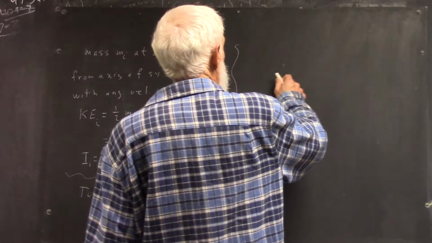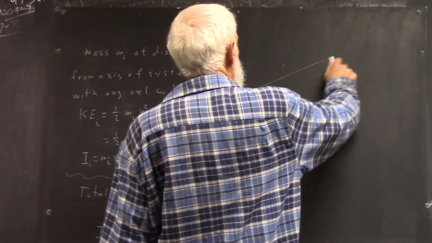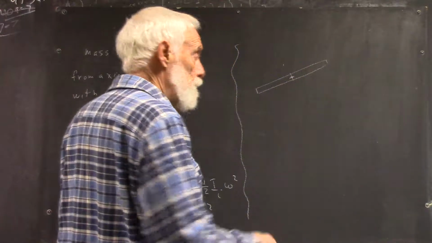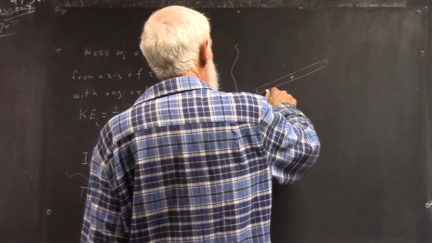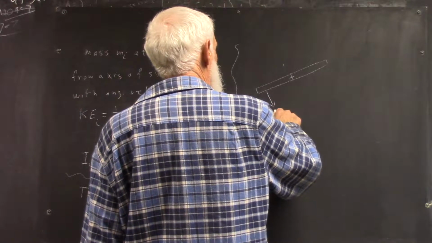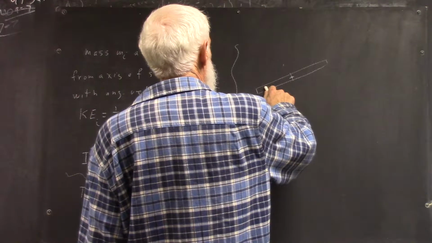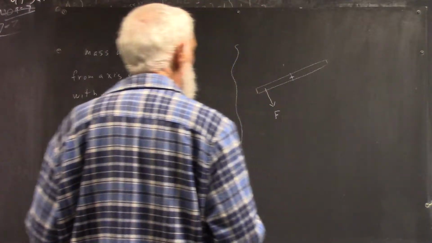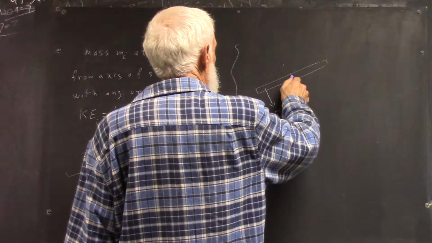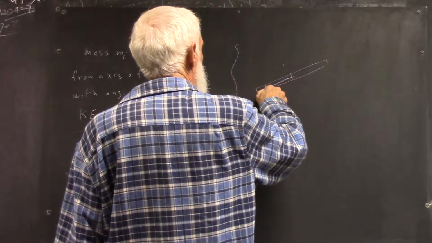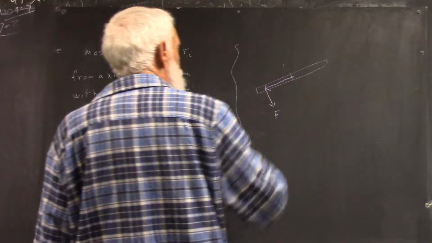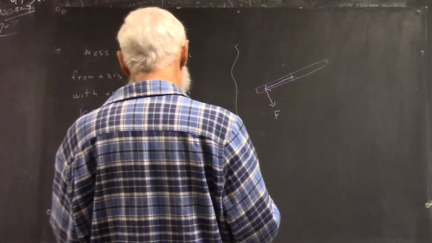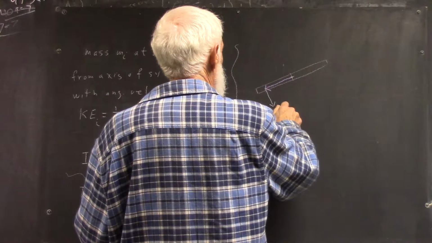So if we have this beam here, this is the top view of the beam, with the axis of rotation here, we're looking down on it, and we exert a force here, and this force is perpendicular to the vector from the axis of rotation to the point at which it's applied. And this force is a vector.